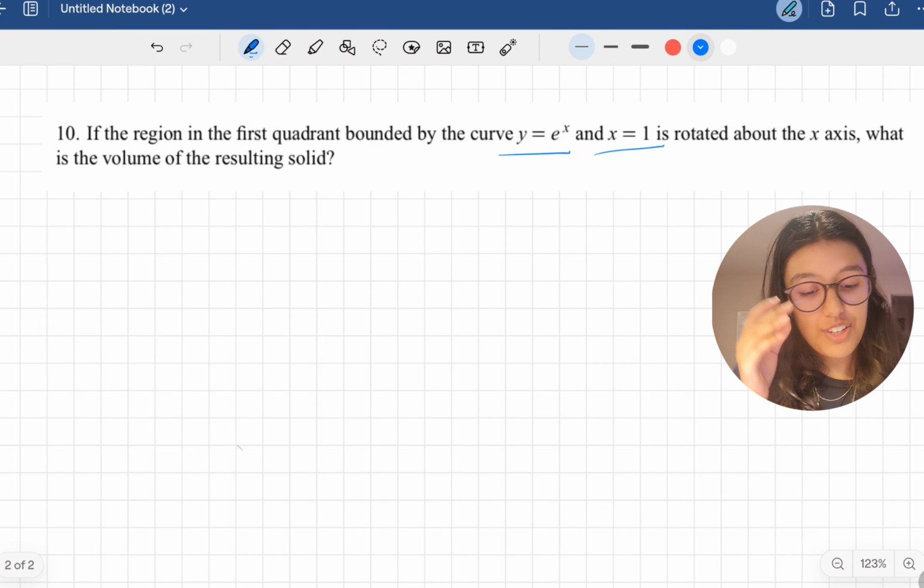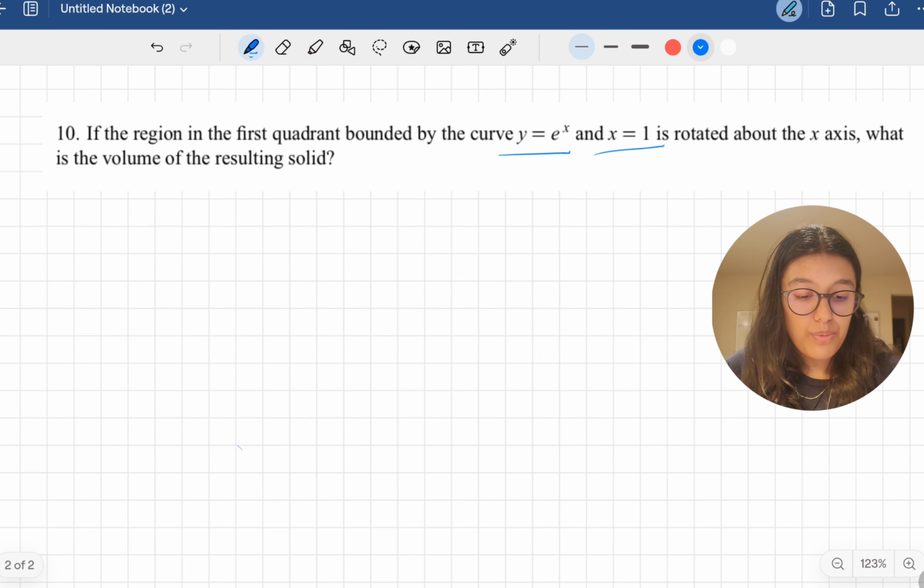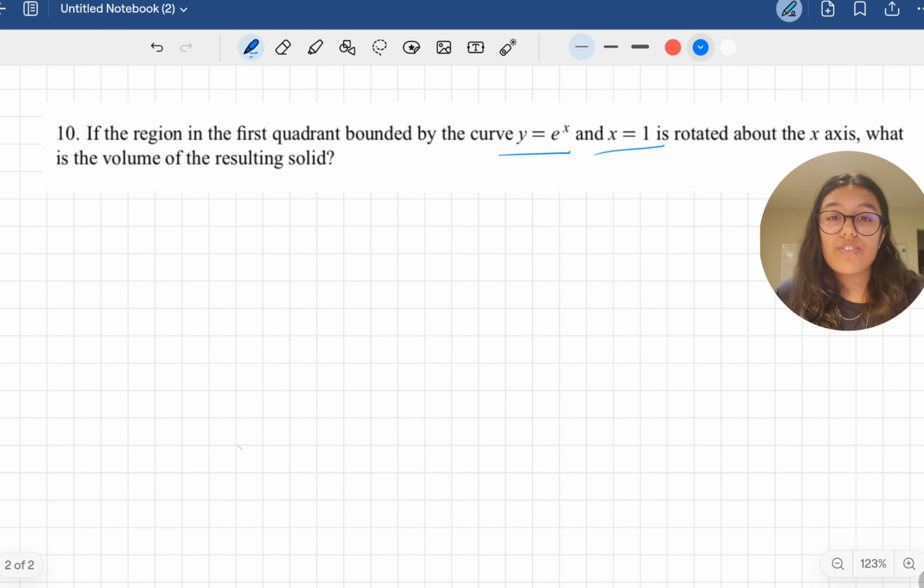Alright, so hopefully you gave this problem a go, but when we are dealing with volume and I see that there's a curve y equals e to the power of x, usually we're probably going to be dealing with integration. So let's first graph what y equals e to the power of x will look like so that we can get a better grasp of what integration expression we have to solve for.